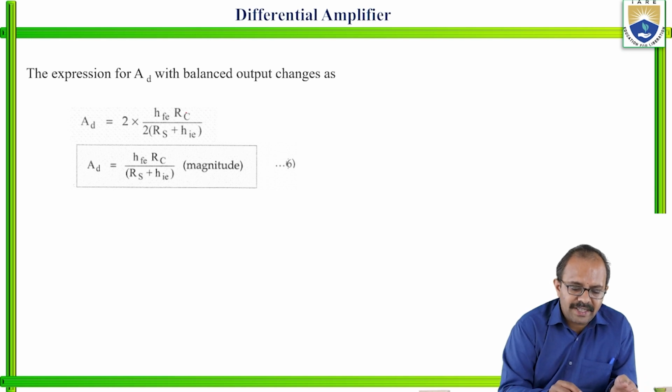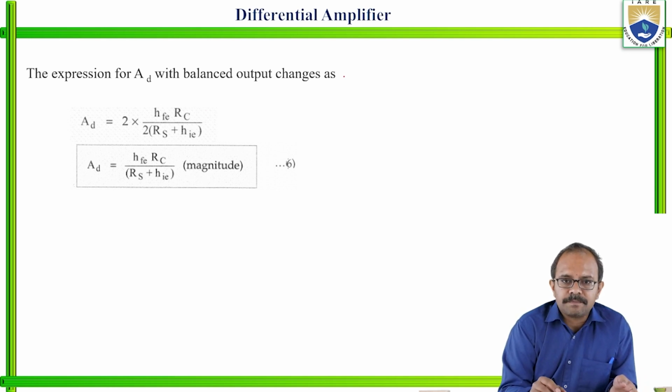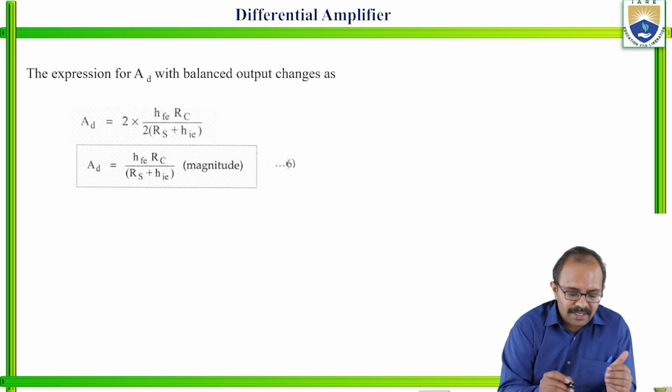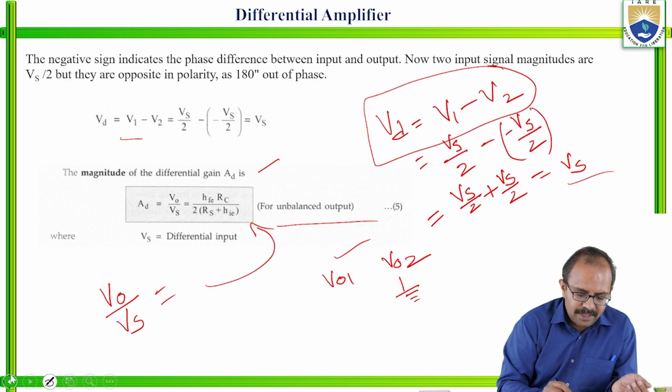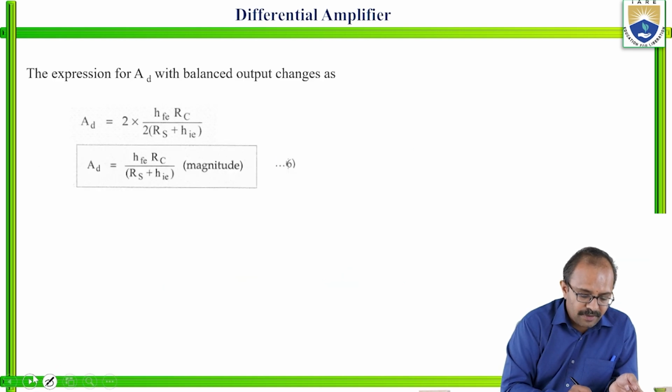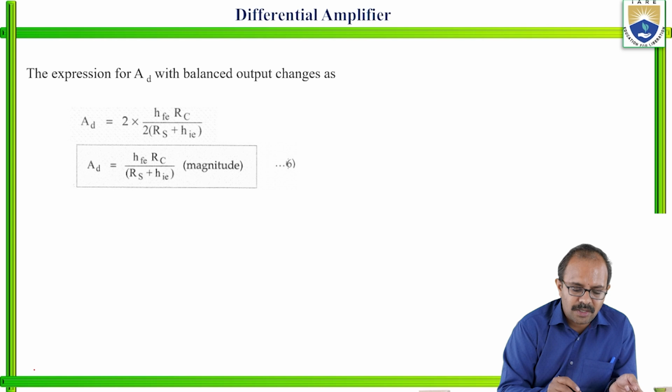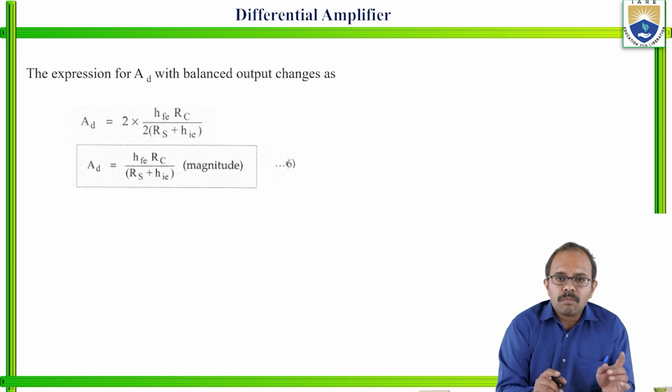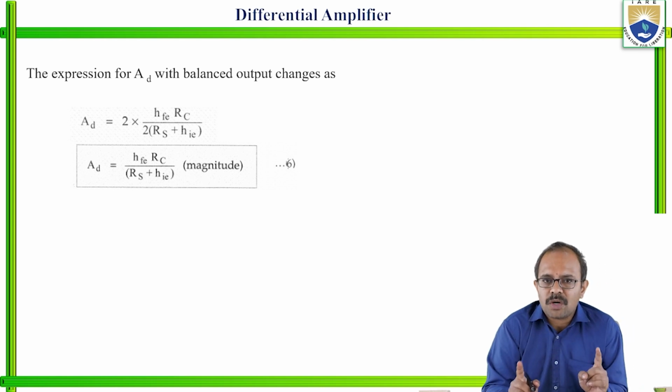Now the expression for AD with balanced output. What will happen to the AD with the balanced output? So here you just see, here we have HFE into RC by 2 into (RS plus HIE), and do remember this expression. And for balanced output, what will happen? Both the transistors will produce the output.